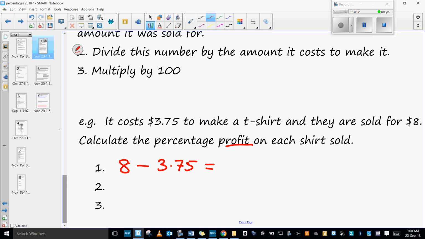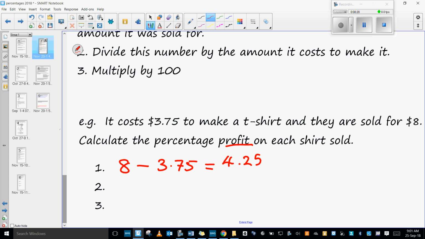Someone got that for me? 8 subtract $3.75. To help, could we just get points here earlier? You can if you wish. 4.25. 4.25. You wouldn't need to in your calculators though. And then, Sarah, what we're going to do? Then you put it into a fraction. Yep.